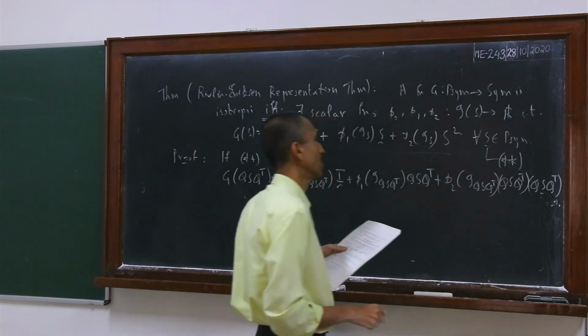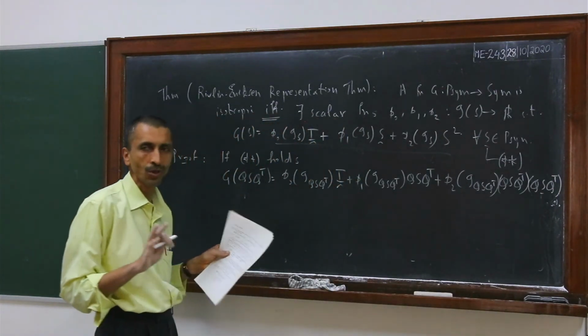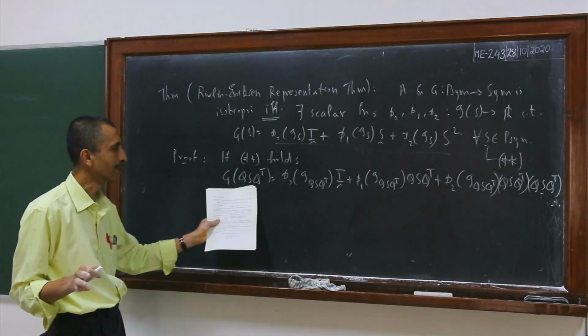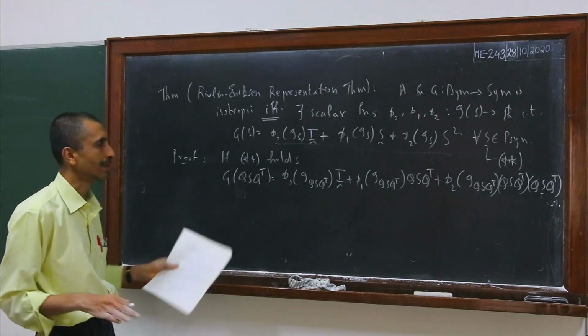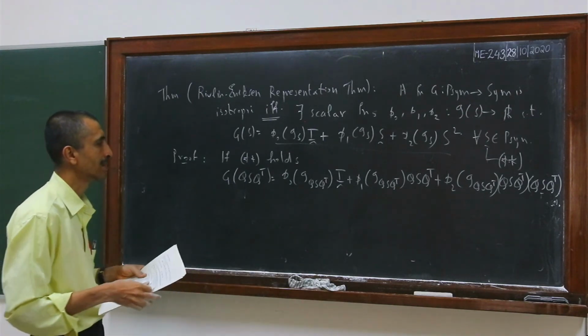Wherever S occurs, I put q S q transpose, because we want g of q S q transpose.